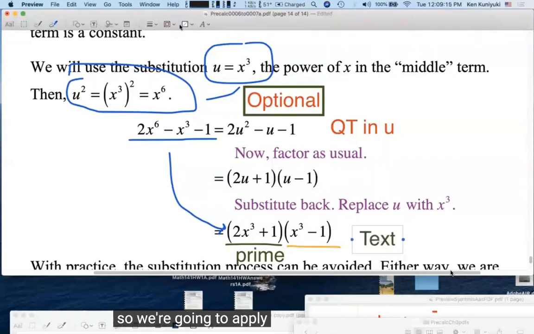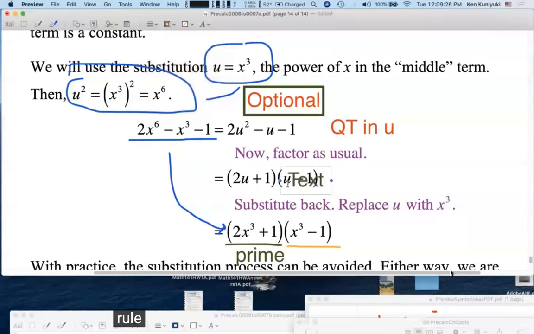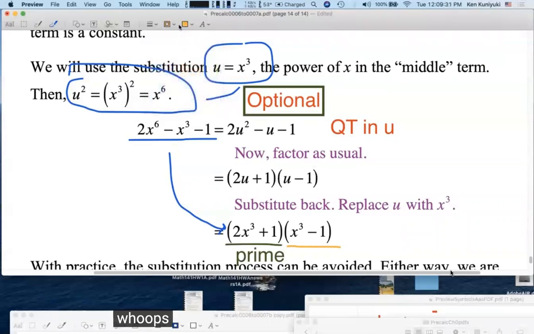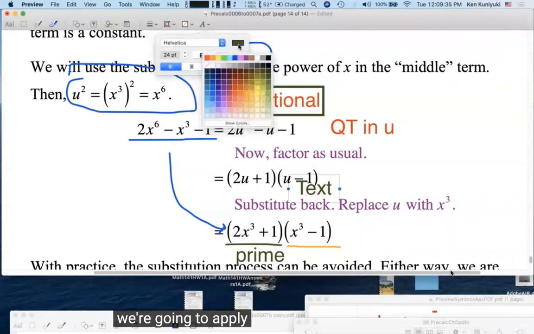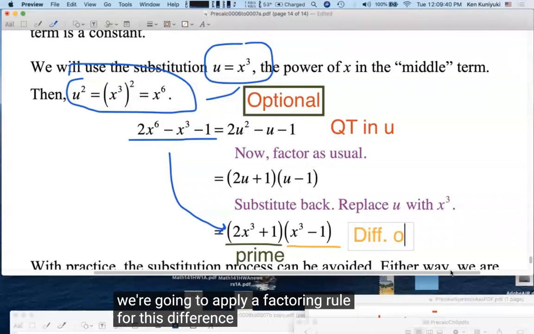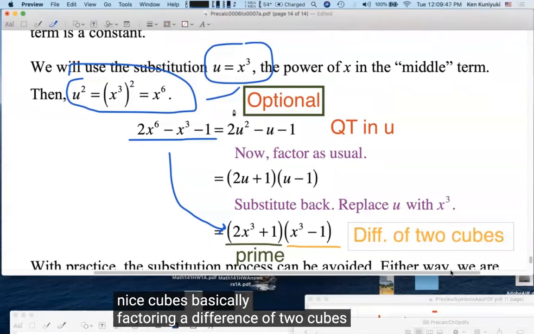So we're going to apply the factoring rule for this difference of 2 cubes.